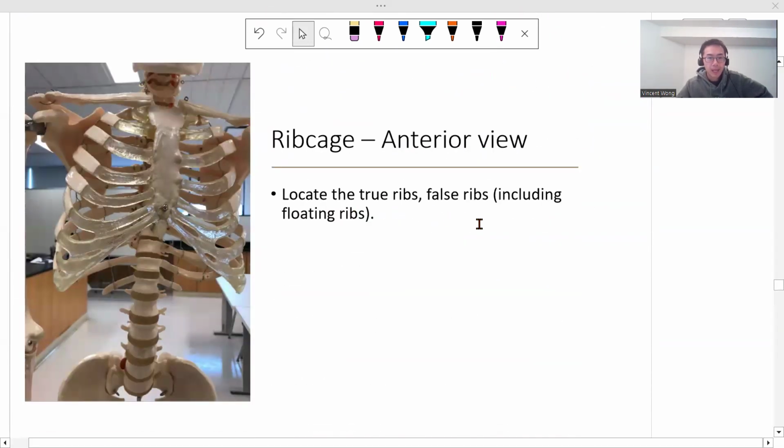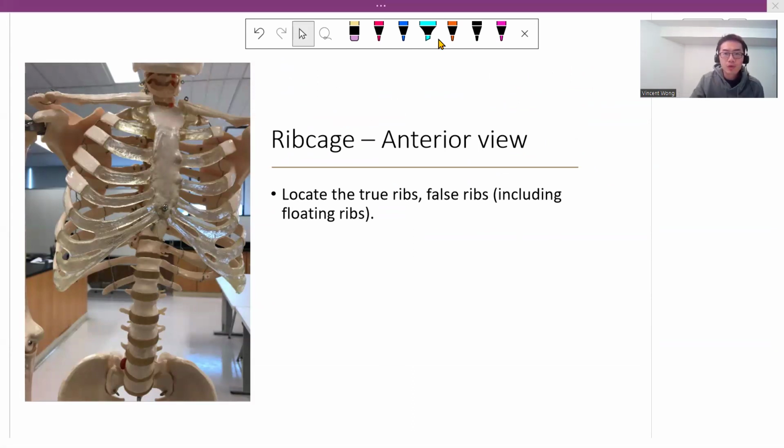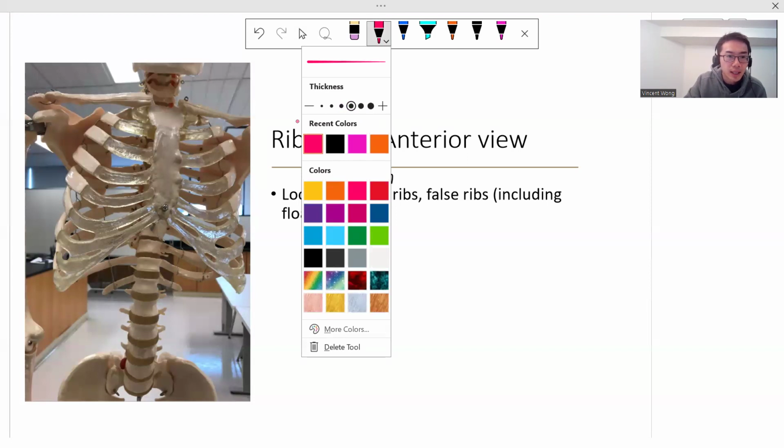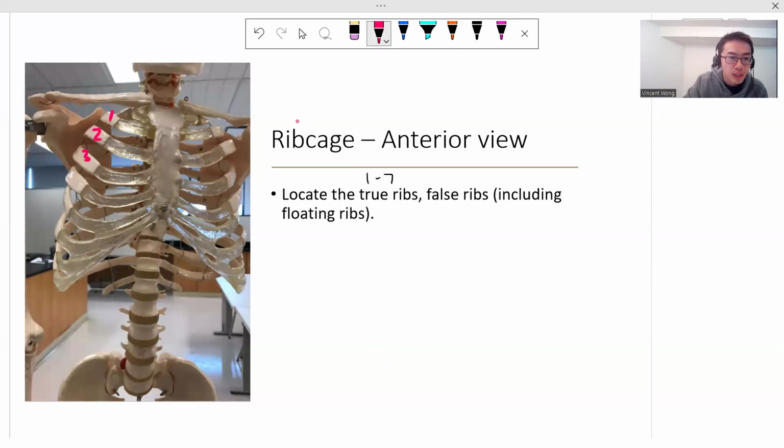Okay, moving on. Locate the true ribs. True ribs are 1 to 7. They have their own costal cartilage. Let me try to do that for you right here. That is 1, 2, 3, 4, 5, 6, and 7. And you can see they have their own costal cartilage, right?